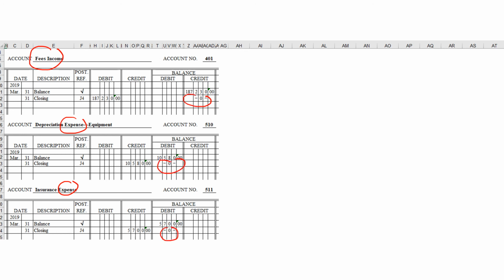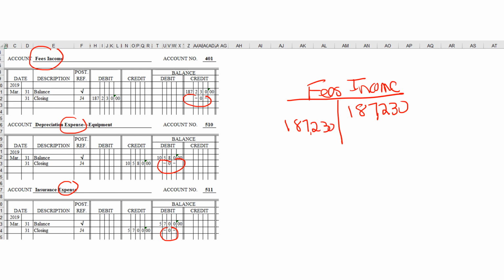That's after closing. And again, just to illustrate, if you're confused, fees income, if we had done this in the T account format, you would have started off with a $187,230 balance. That's your revenue. The debit of $187,230, which they're showing right there, would have looked like that. And then you would have shown a zero balance.